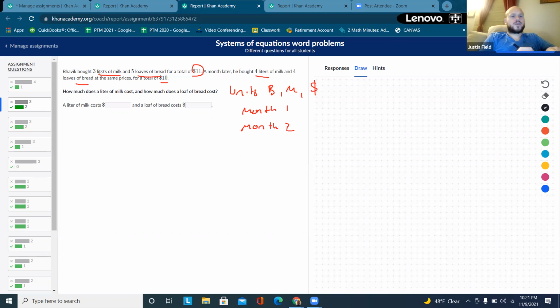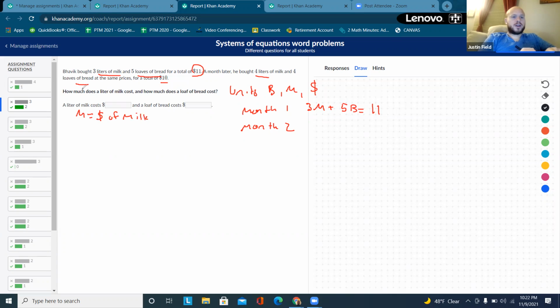So 3 liters of milk, that's going to be 3M plus 5 loaves of bread, 5B equals $11. So 3 liters of milk times M, so M equals the price of milk.